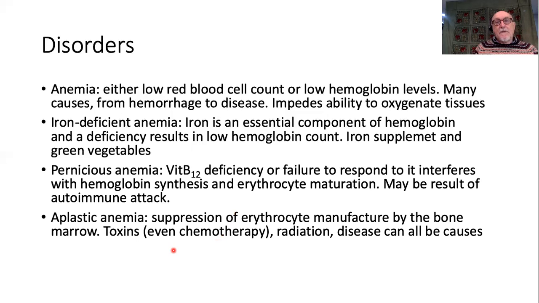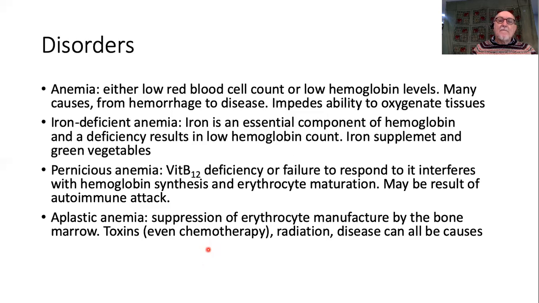The next one is called aplastic anemia, and that is simply because for some reason the red marrow of the bones does not make sufficient red blood corpuscles. There are many causes for this.